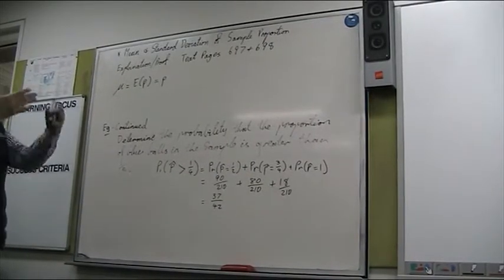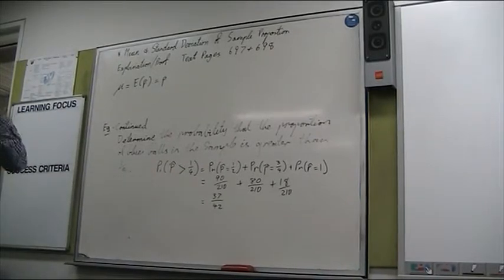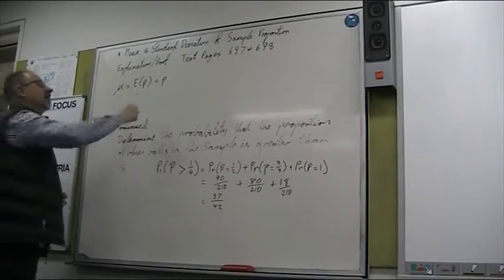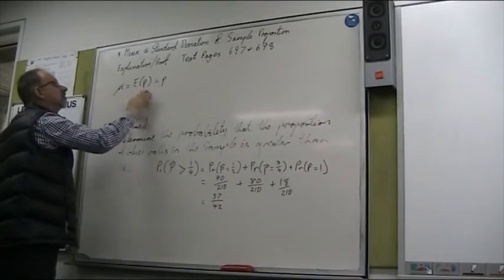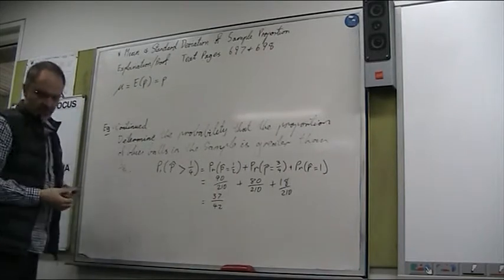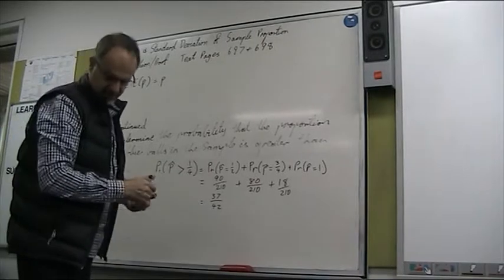We would expect that that's what we're going to get. We may get slightly different. We do it lots and lots of times. Put all those things together, then it would average out to the population proportion.